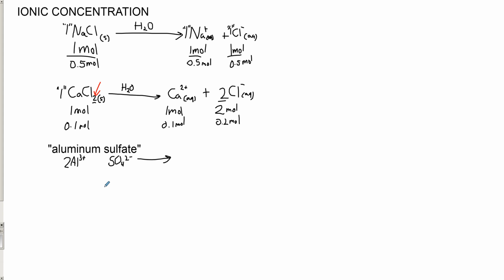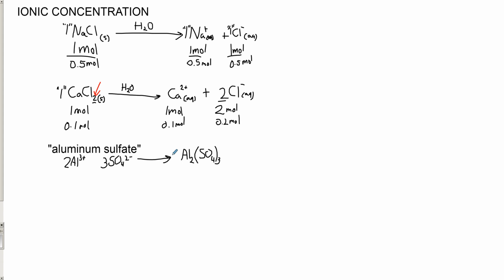And I'm bringing in -2's from the sulfate ion. I need 3 of those. So the chemical formula of aluminum sulfate is Al2(SO4)3.